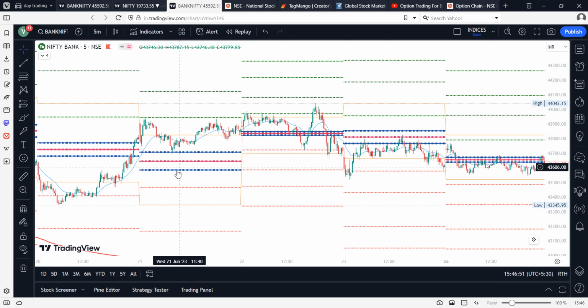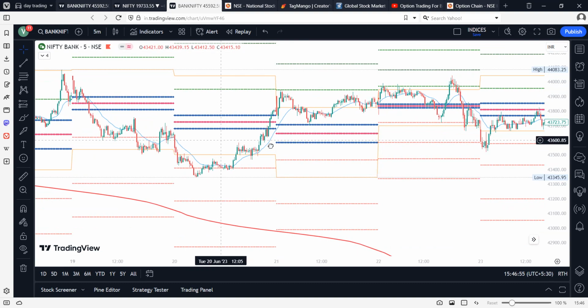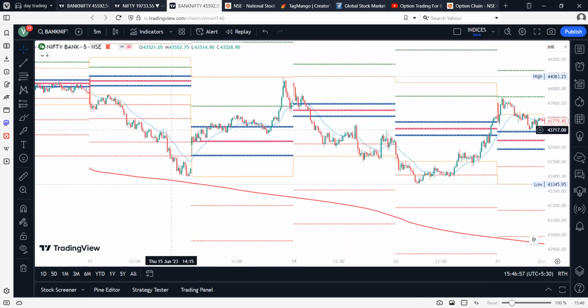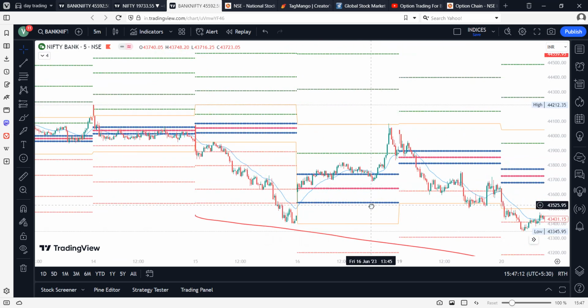This is all uptrend. I will show you the downtrend days also so that you understand what a downtrend is. See, on this day, the price closes below the CPR and the R4. So the trend has changed; tomorrow onwards the trend is downtrend.